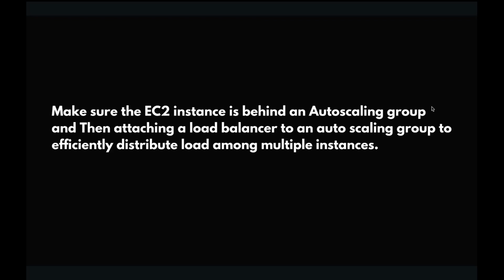So first I need to make sure that my EC2 instance is behind an auto-scaling group, and then to reduce the load from my EC2 instance, I need to distribute the traffic among multiple instances. Therefore, the second step is to attach a load balancer to my auto scaling group to effectively distribute the traffic among multiple instances.